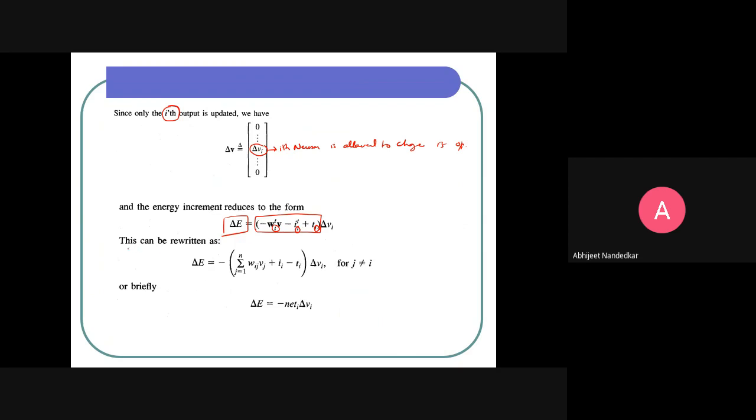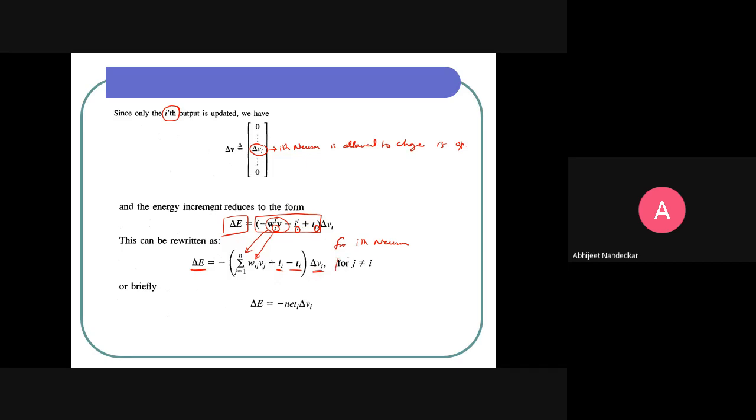So this can be rewritten as change in energy minus, so you can take this in detail. This product W transpose V is nothing but summation j equal to 1 to N Wij into Vj plus initial input Ii minus the threshold Ti for the ith neuron, multiplied by change in Vi.